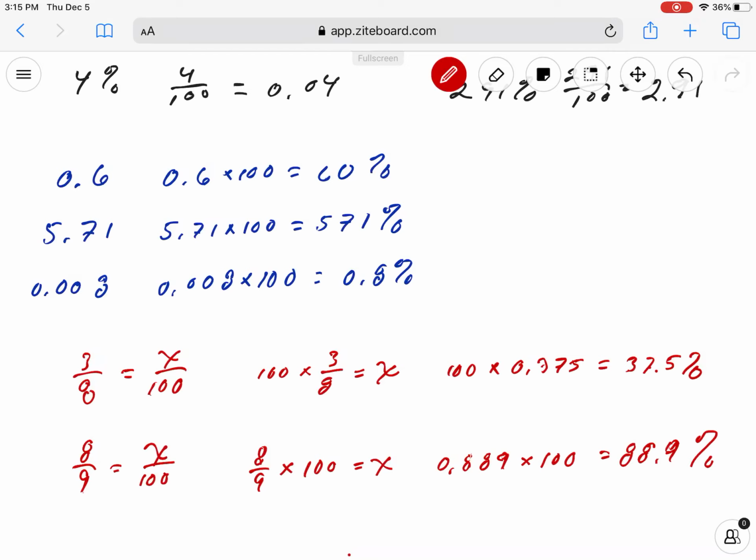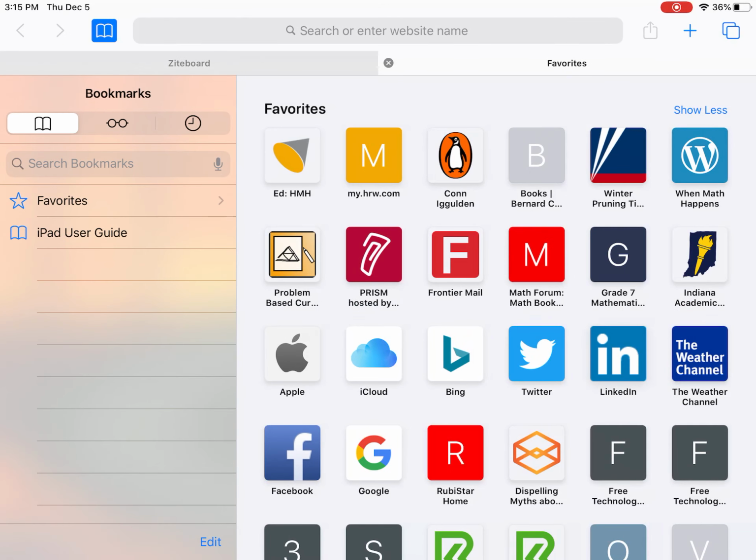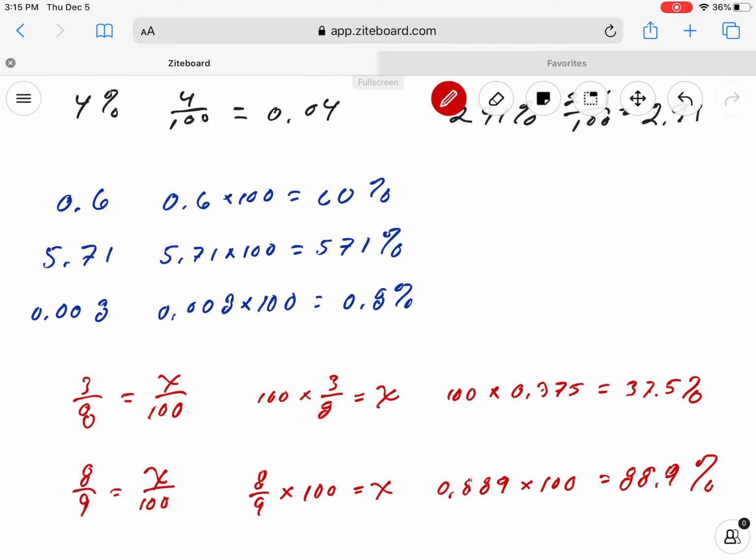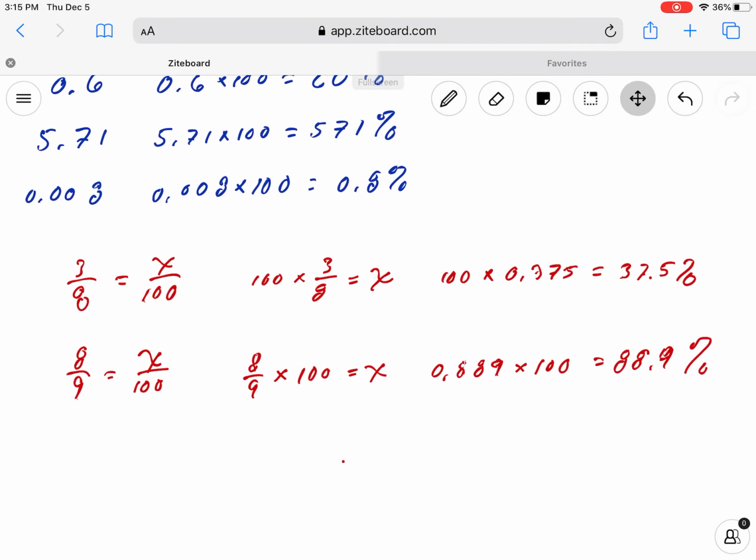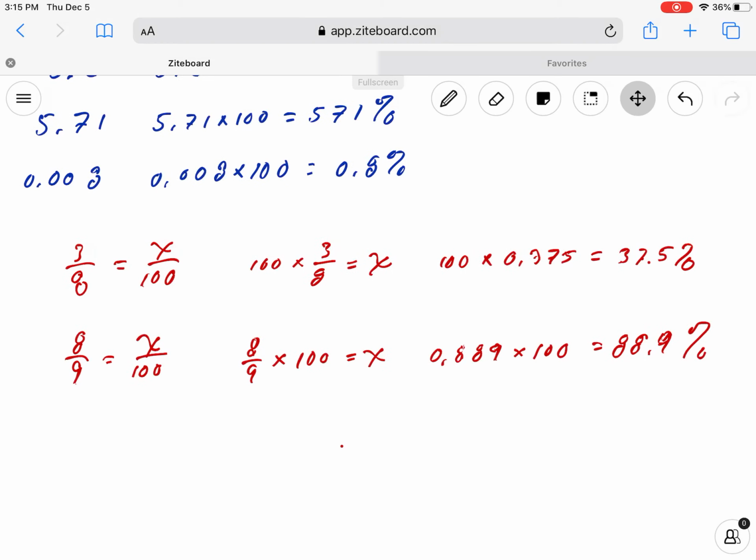Okay. Let's do one more. Let's do 32 over 15. And I'm curious to see what percent 32 is of 15.